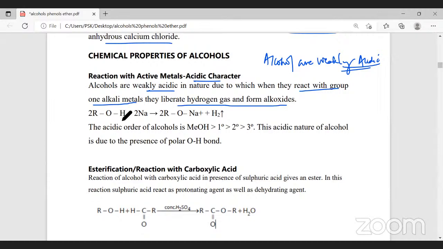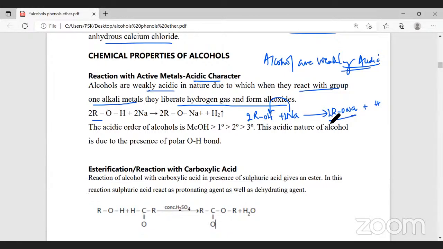Now, alcohol, ROH, is the general representation of an alcohol. When this is allowed to react with sodium metal, a first group alkali metal, sodium being more reactive, it will displace hydrogen. When we say displace hydrogen, you get RONa plus hydrogen. Hydrogen cannot exist as H. Therefore, we take 2 moles of ROH and 2 moles of sodium.